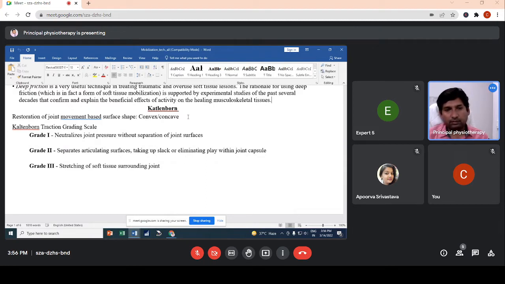And again, we provide distraction force at the proximal part of the humerus in different grades.